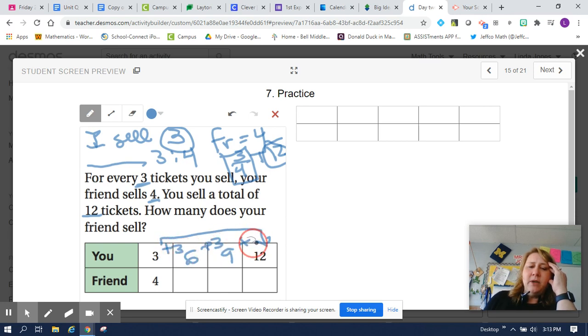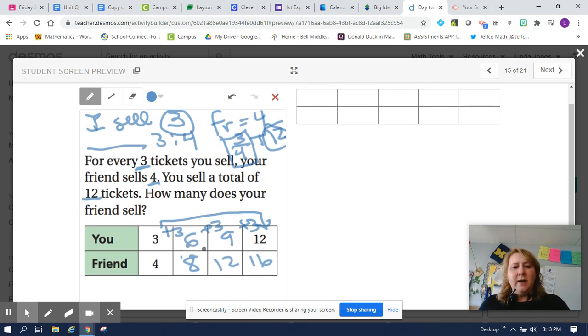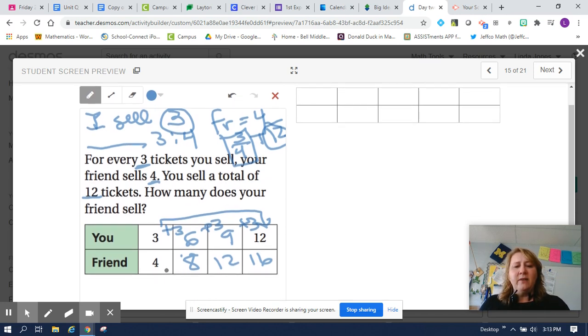If I'm skip counting or adding 3 each time, I'm going to have to skip count on the bottom, but not by 3 because there's 4 of them. Four plus 4 is 8, plus 4 is 12, plus 4 is 16. Because our ratio was 3 to 4, I have to add 4 each time.